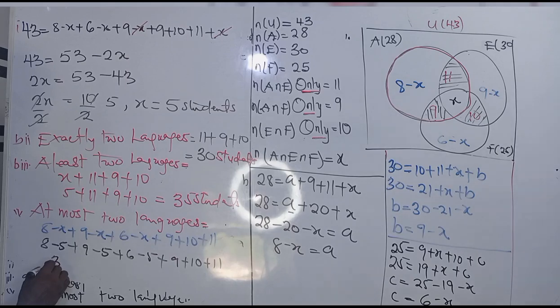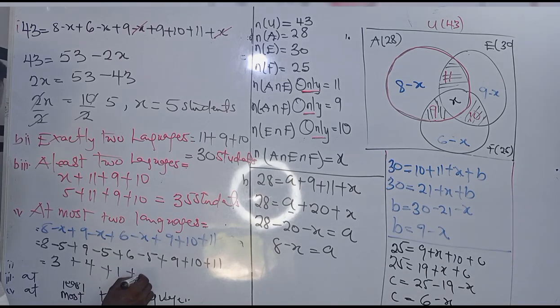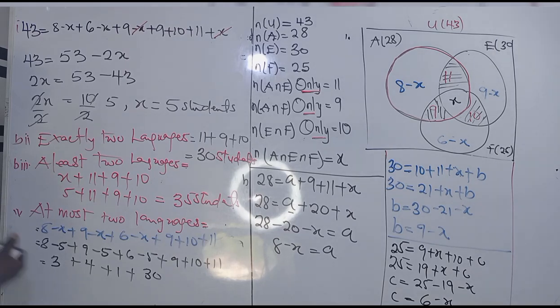So we are going to have 3 plus 4 plus 1 plus, this will give us 30. So at most 2 languages, we are looking at 38 students.